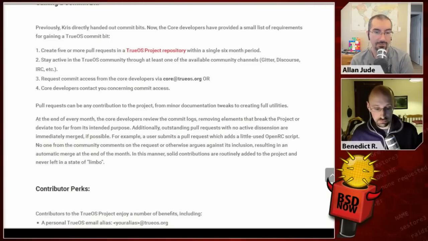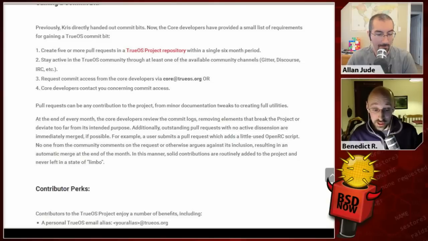Regular meetings with the core developers and other contributors, access to private chat channels with the core developers, recognition as part of the who's who on the TrueOS developers website, the eternal gratitude of the core developers of TrueOS, because you're doing some work they don't have to do anymore, and you get a warm, fuzzy feeling inside.